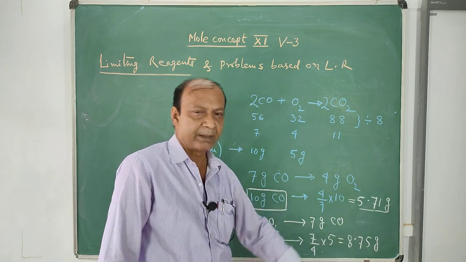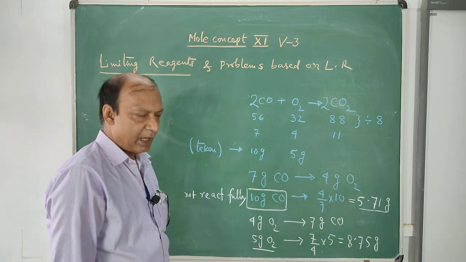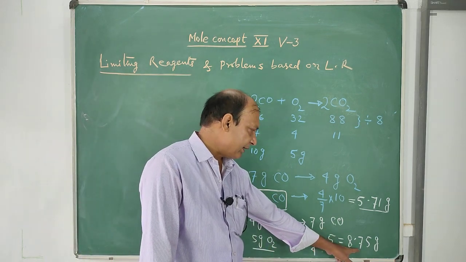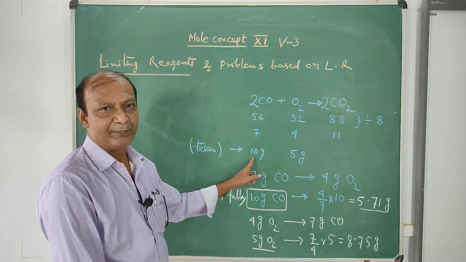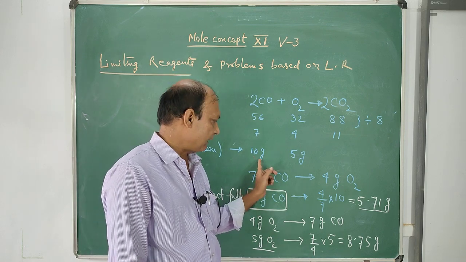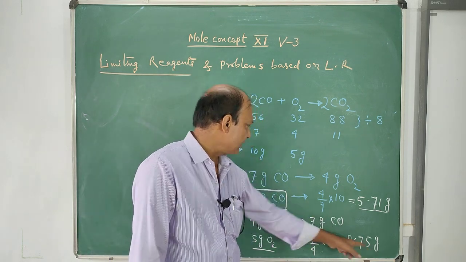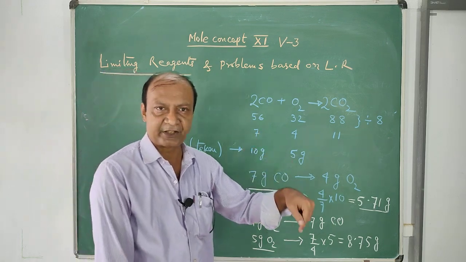See, for 5 gram oxygen to react, how much carbon monoxide is required? 8.75 gram. How much do we have? 10 gram. That means it is sufficient. We have 10 gram and only 8.75 gram carbon monoxide would be necessary.